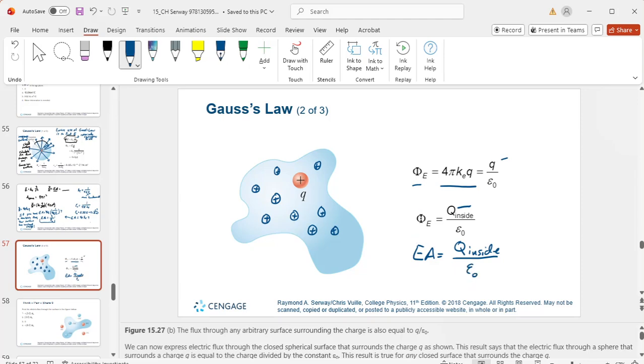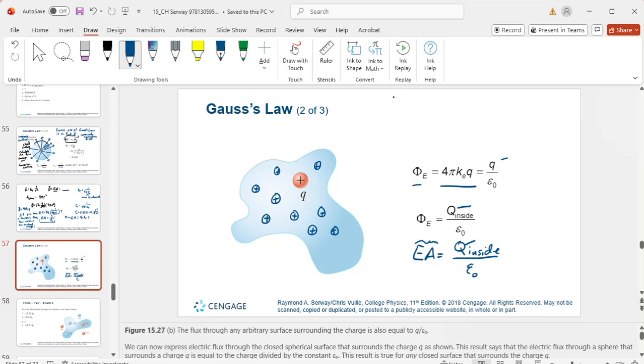What Gauss's law in a deep sense is telling you is that enclosed charge causes an electric flux. The only way you have electric flux is if you have electric field.